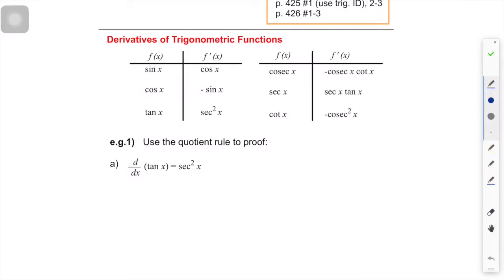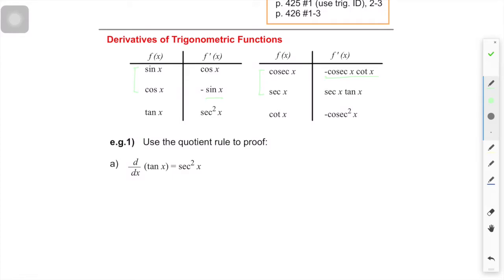So I do see some similarities amongst these trig derivatives in a sense that I look at sine and cosine as a pair, as well as cosecant and secant. The negative signs for these derivatives are opposite, right? So you see a negative sine x for cos x, but then in the reciprocal trig ratios, the negative goes with the rule for cosecant.